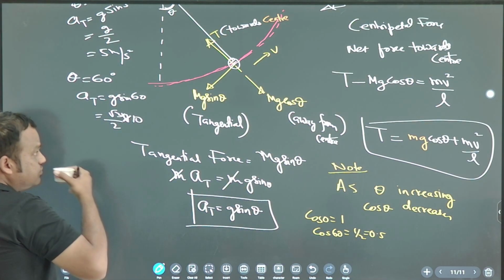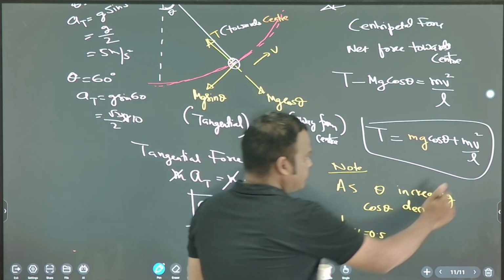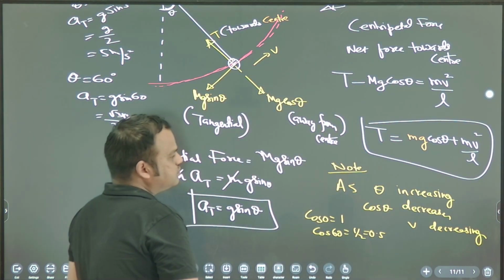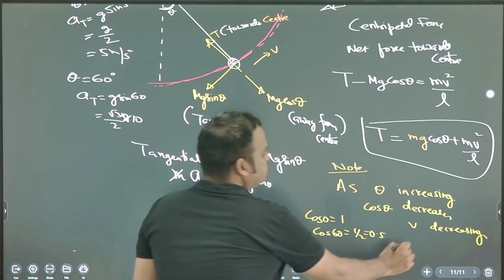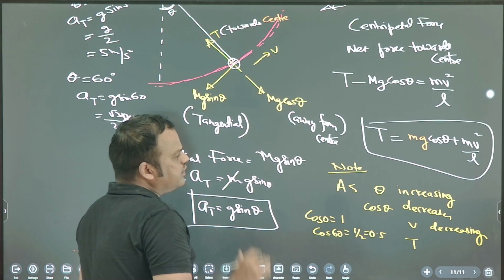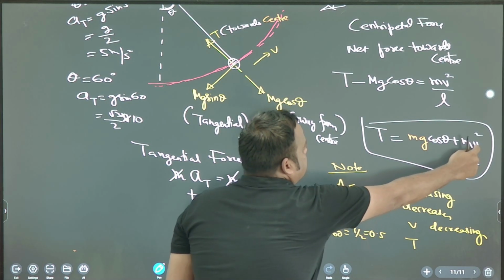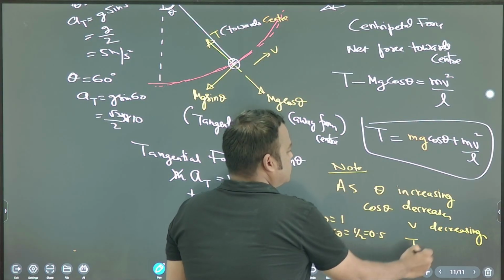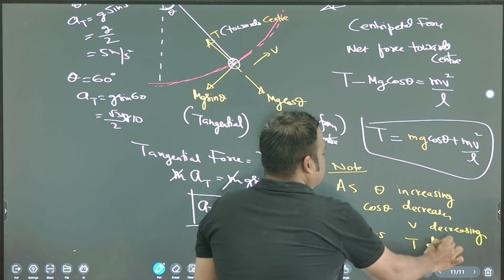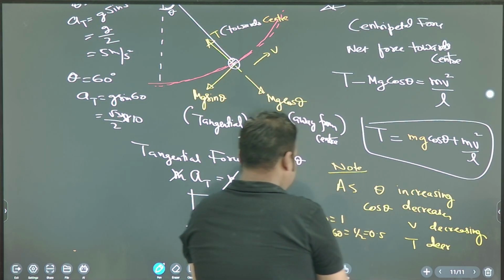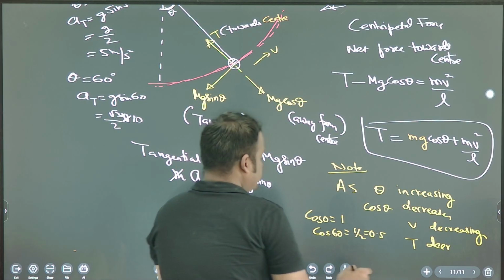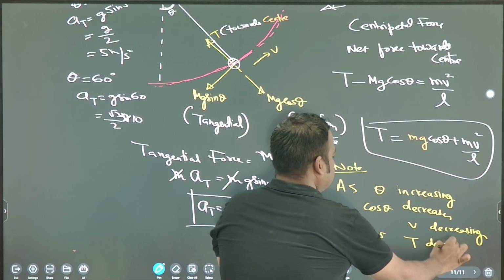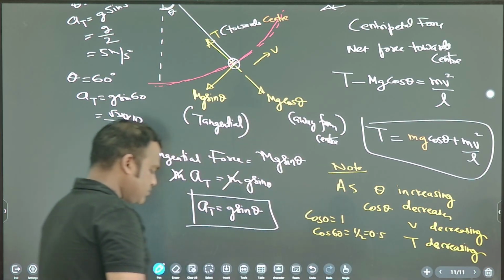V is decreasing. So is tension increasing or decreasing? Cos theta is decreasing, V is decreasing, mass, g and L are constant. So tension is decreasing. Note down.